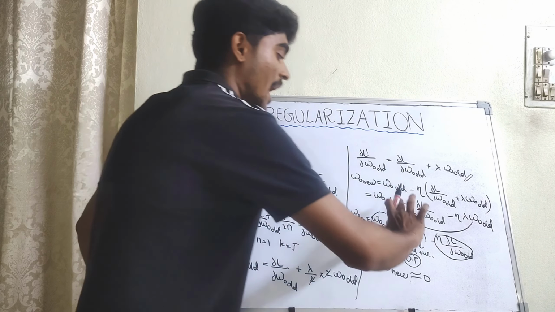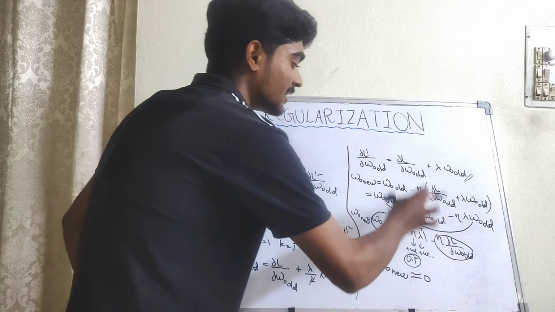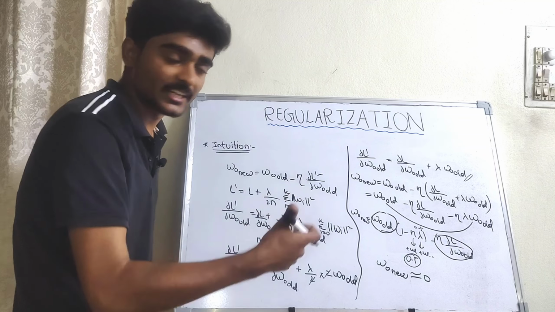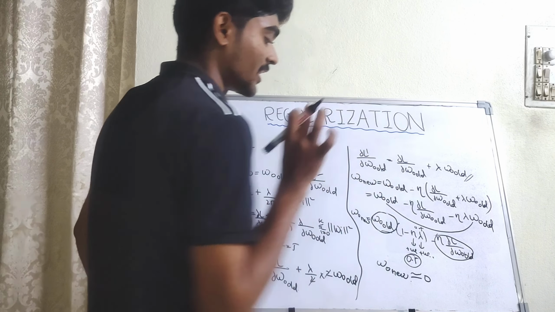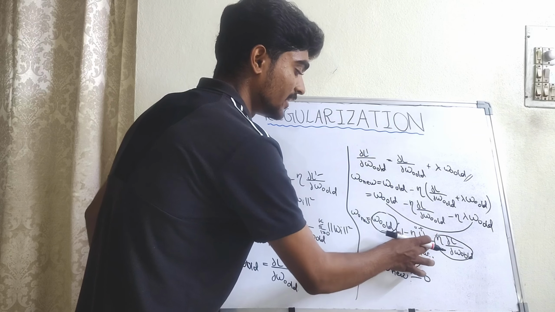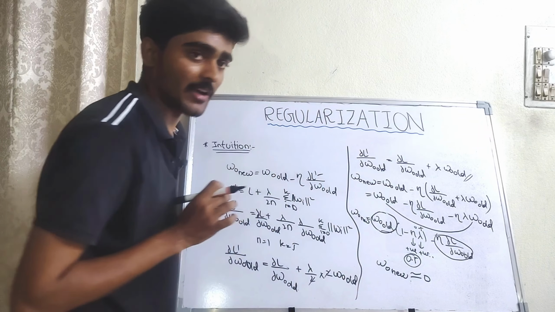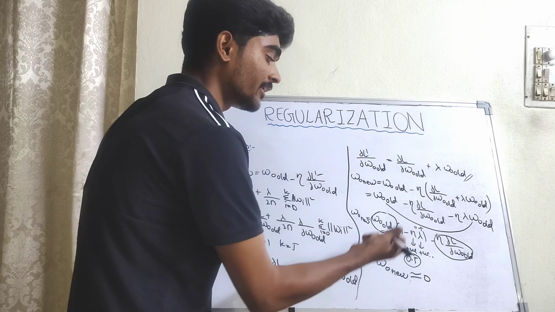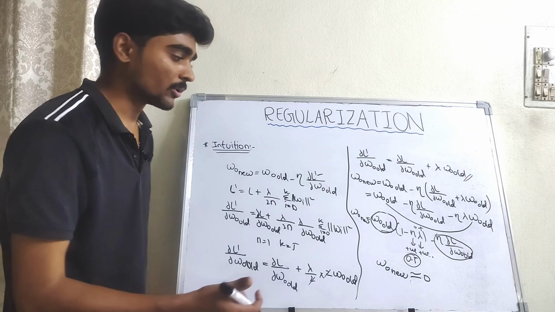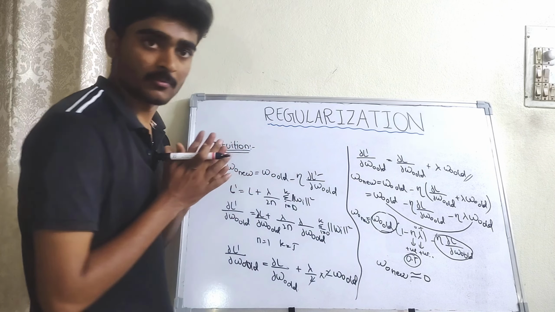This is the scaling term, multiplied with the old weight value, so I'll get an updated weight value that is smaller when compared to this.